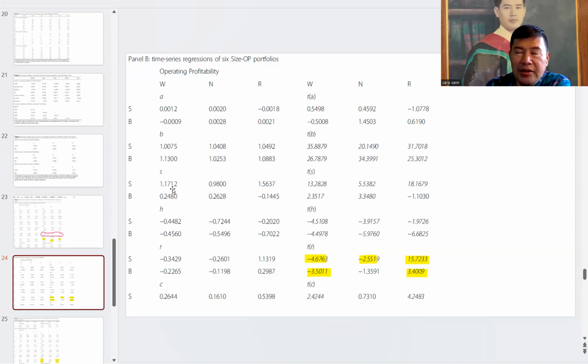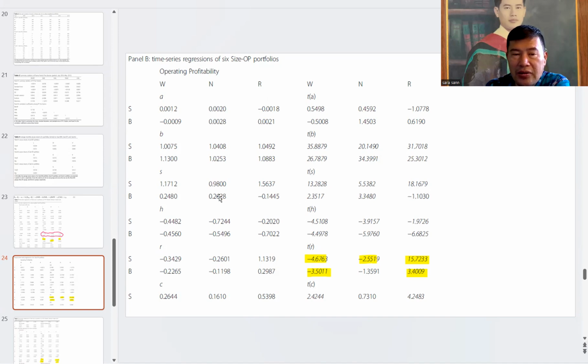So the size effect on the excess return on equity. So take a look at the right side first. Okay, the right side is significant except the big to high return on investment. That is not significant.